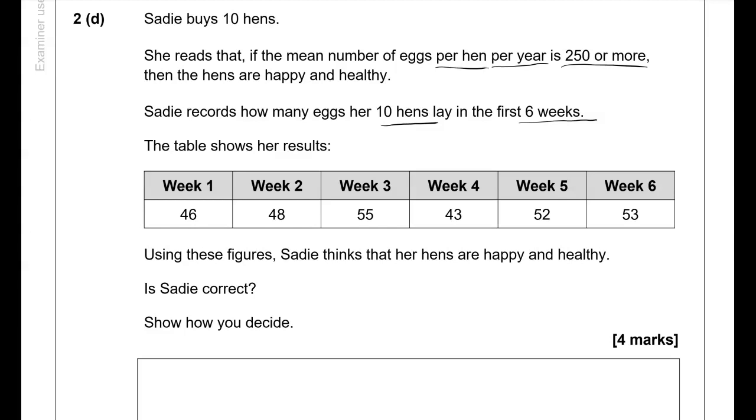There are many ways you could sort this out, but I'm going to pick one which I think is probably one of the easiest methods to use in this case. So what I'm going to do is add all of these numbers together.